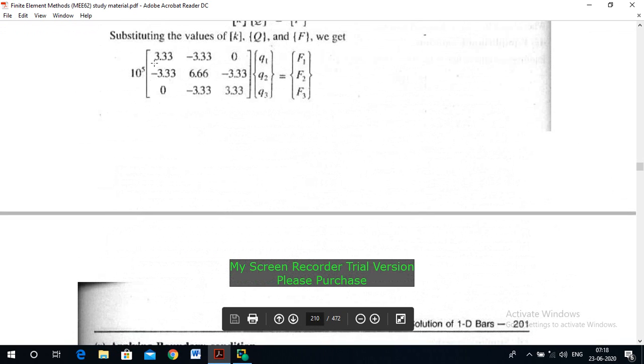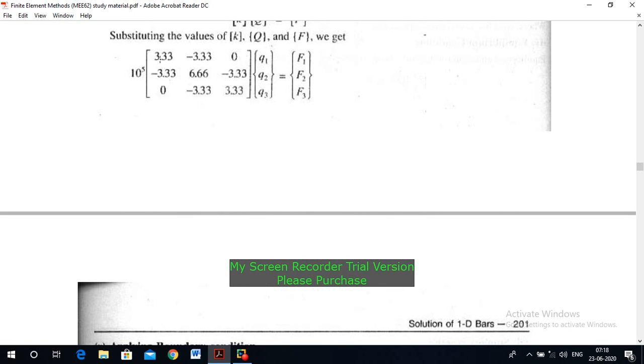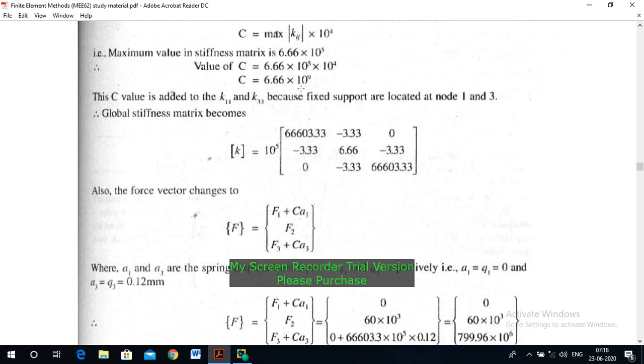Here you can add for the first element A11, that is 3.33 plus C, and you can add here because node 3 is also fixed, 3.33 plus C, and along with that we should add to the force, that is spring force, to the node 1 corresponding nodes, that is F1 plus CA1, and for node 3 also F3 plus CA3.